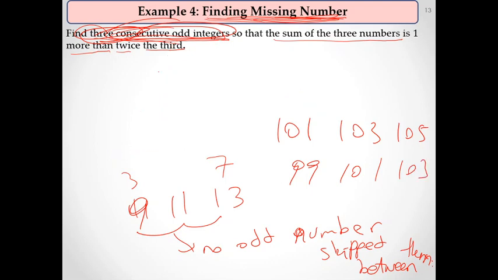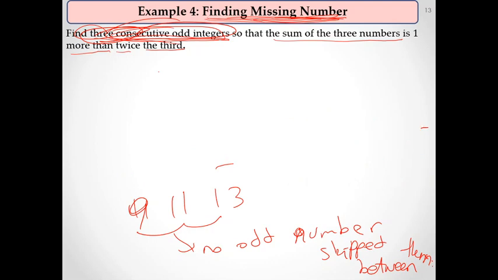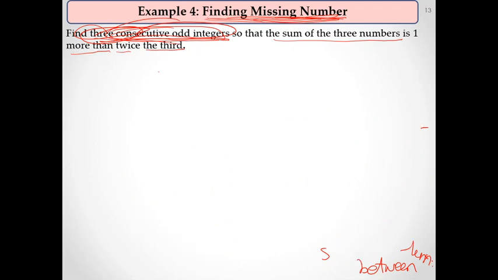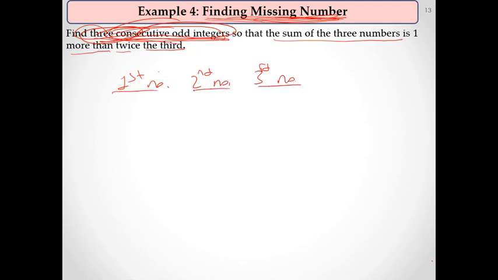So we have to get three consecutive odd integers. Let's say we have the first number, the second number and the third number. What does it tell us? When you look at 3, 5, 7, or 9, 11, 13, if they are consecutive, there has to be a difference of two between them.